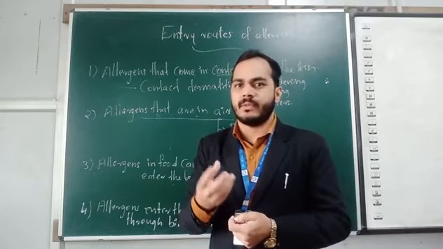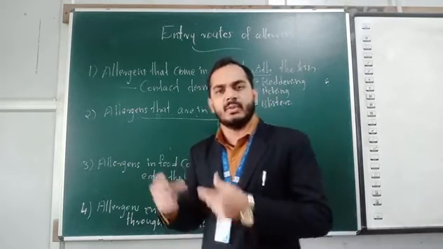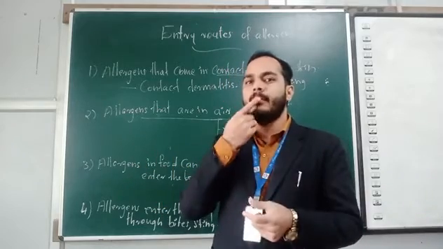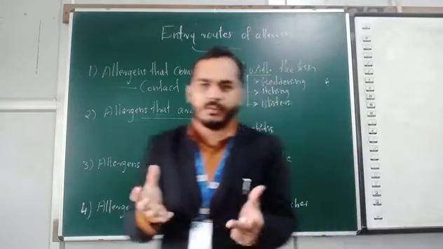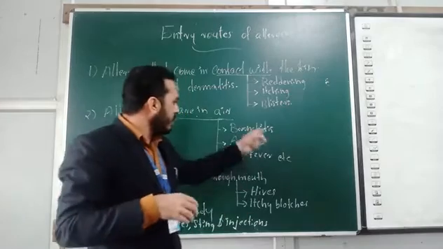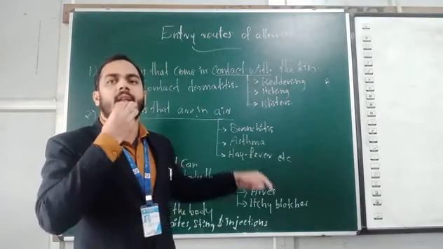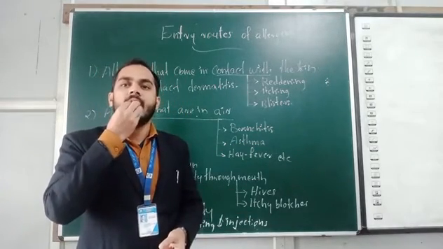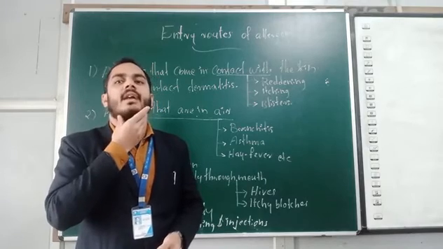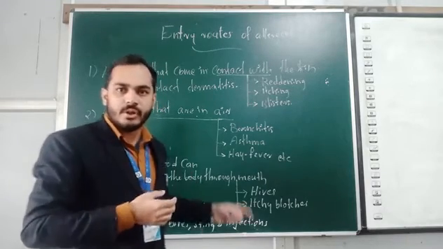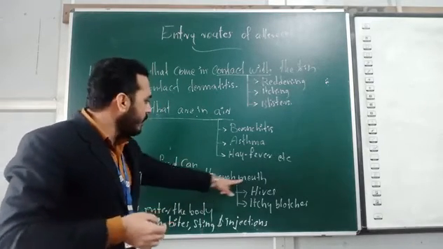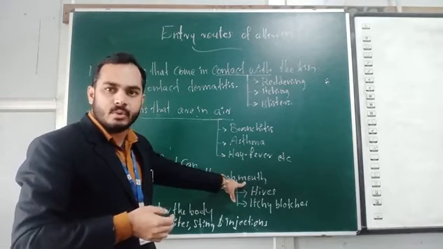Some other food items also cause allergic reactions, and these enter the body through the mouth. If this type of thing enters the mouth, what happens? Problems will form, and symptoms such as itching, swelling and other irritations also form, according to the third type, through the mouth. Food items enter the body through the mouth.